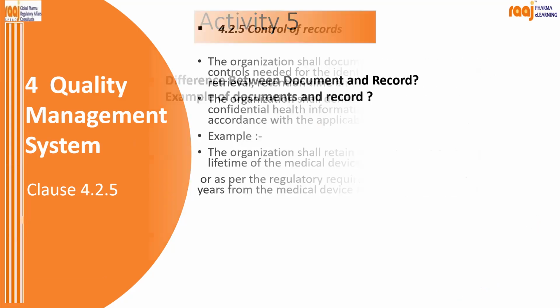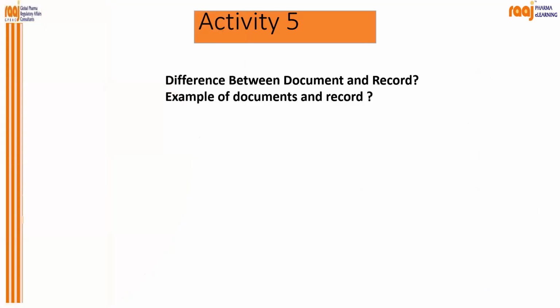So you know the difference between the document and the record, right? Tell me what is the document and what is the record. Document is whatever we are generating. Record is whatever we are filling with our inputs, our readings, like the production process.